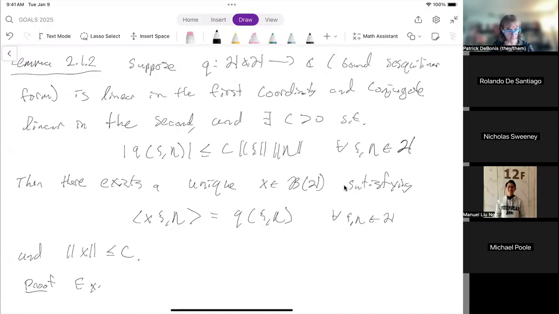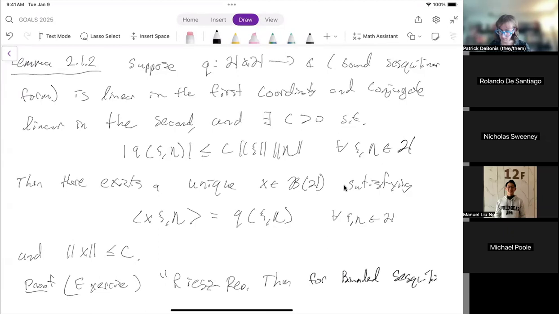It's called Riesz representation for bounded sesquilinear forms, and proving it is fairly similar to a more standard version of the Riesz representation that maybe you've seen before. The point being that if you start with this form, there exists a unique operator that realizes this form through an inner product.